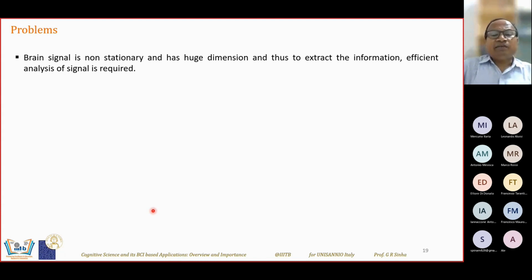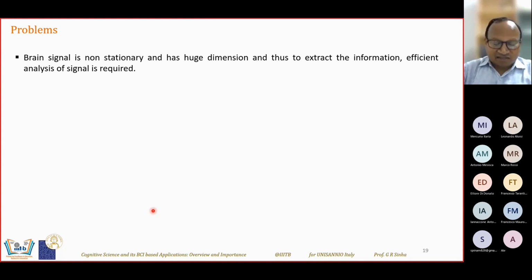So what are the problems, right? The brain signal, the difficulty is in the BCI. In the BCI, remember I told you that we will also try to understand research. So we have to find out the problems for which research is needed.